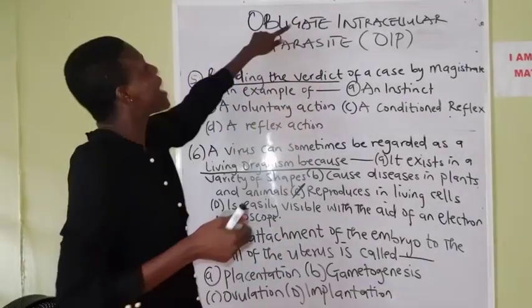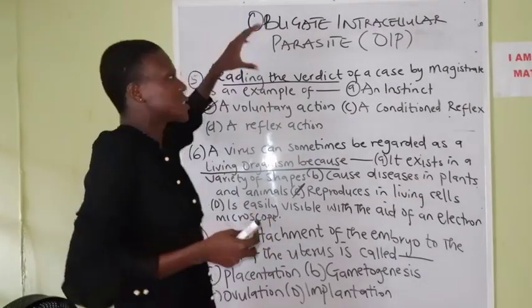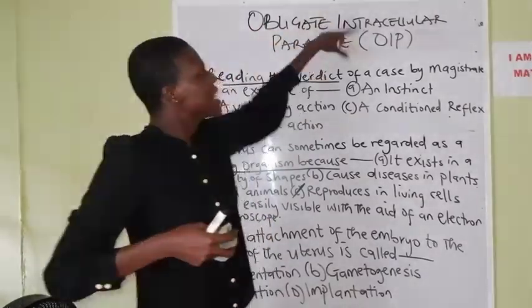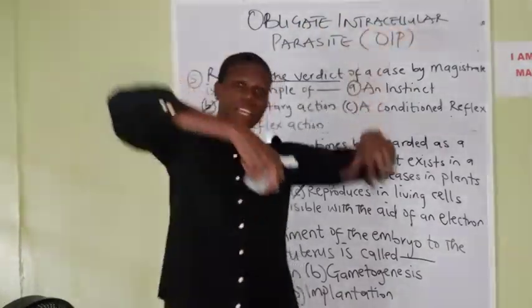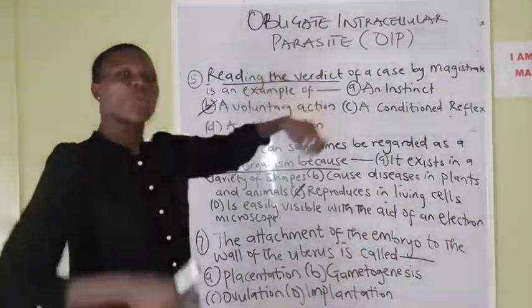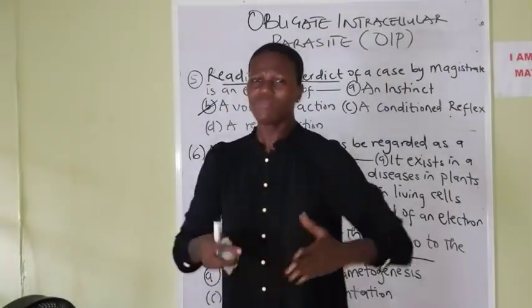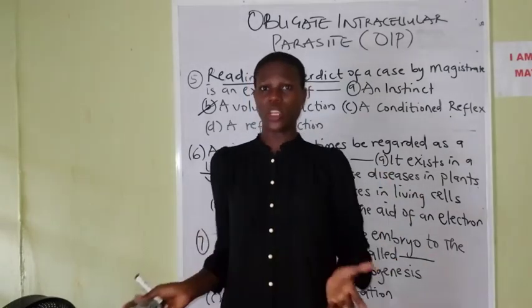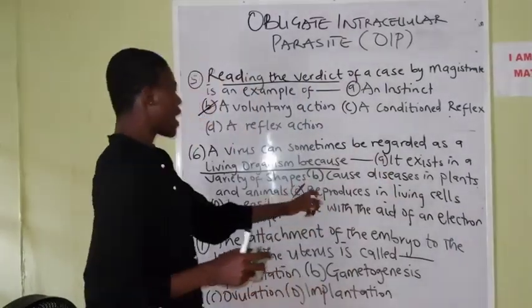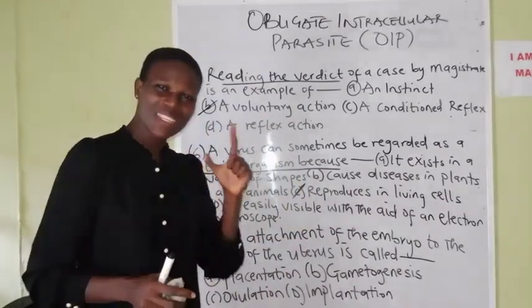That's to say they must, that's obligation, they must live inside the cell as parasites to cause problems. Outside the cell of a living thing, they are useless, they become crystalline in shape, okay? So this is the answer to the question, because they reproduce in living cells.